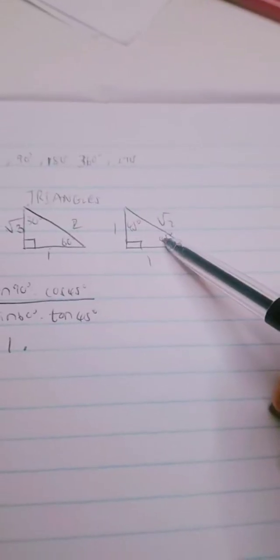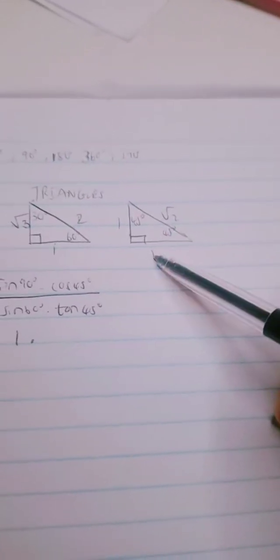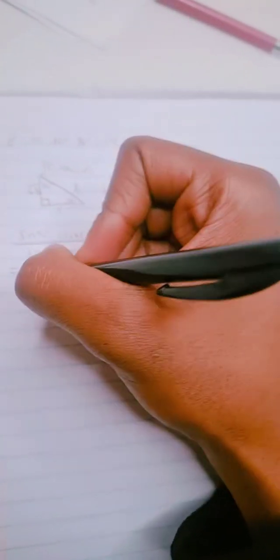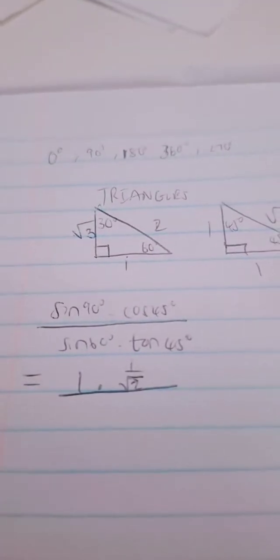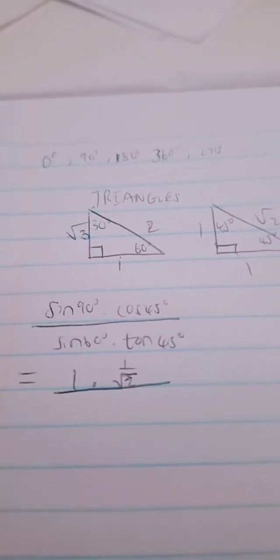Cos 45, you use your trig ratio here with the special angle triangle. So cos 45 is 45 degrees. Cos is the adjacent side over the hypotenuse side. So that's 1 over √2 over, we say sine 60. Sine of 60, we go to 60 degree, and we look at what the definition of sine is. So what will be the value of sine 60, guys?